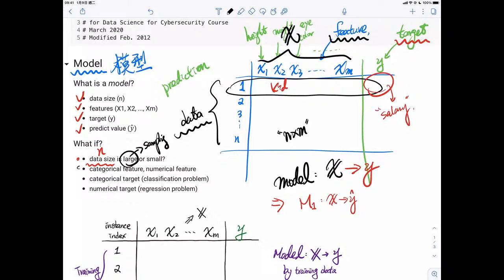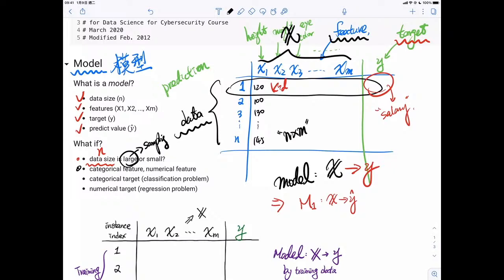The next one: categorical feature or numerical feature. If that is height, for example, in centimeters, like 120, 100, 130, 145, that is called a numerical feature, right?